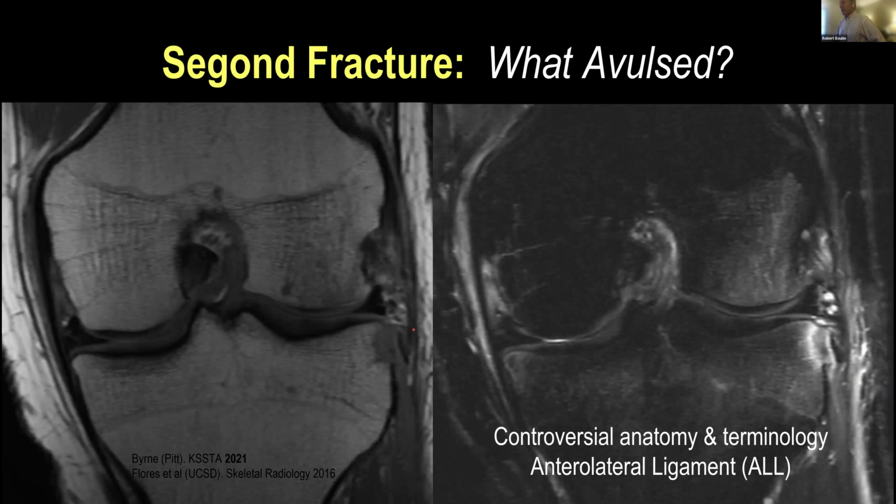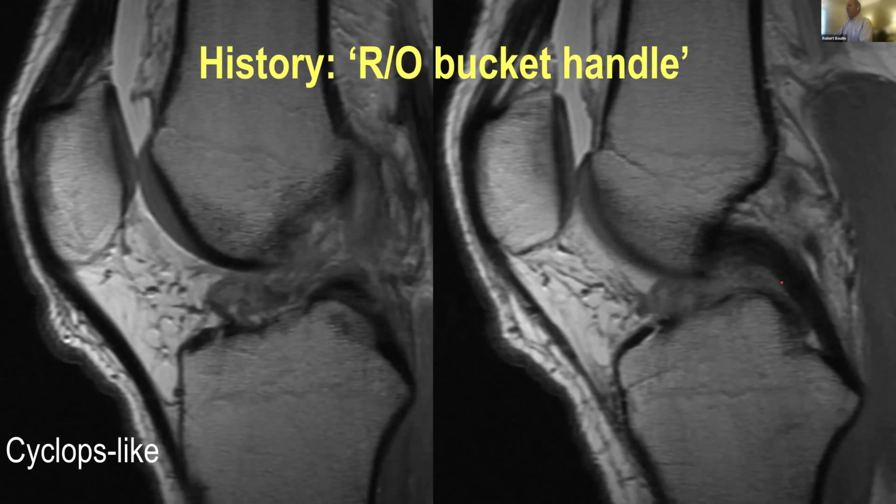Sometimes people debate, what exactly is avulsed. Probably the easiest structure to remember to call this is the anterolateral ligament, and a lot of literature on that. But essentially, it's an anterolateral ligament avulsion, according to many experts.